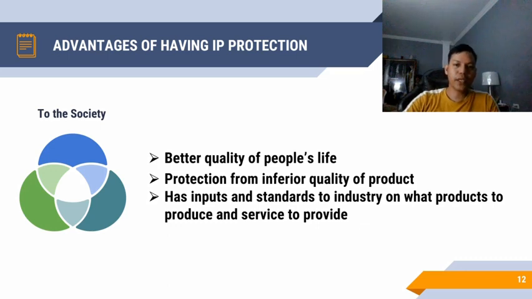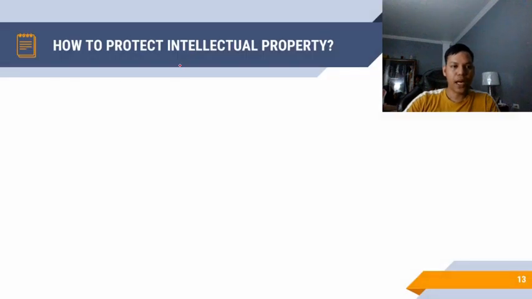So these are the advantages of having IP protection. The question here is how to protect intellectual property. What are we going to do to protect it?